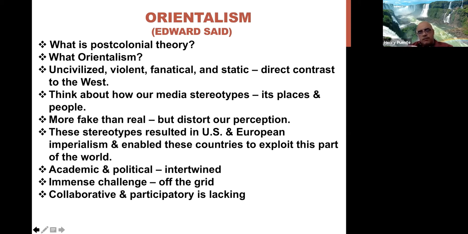Also, he talks about the importance of being collaborative, or participatory. One of the things that happened was that the people who actually lived in this part of the world didn't collaborate or participate in telling these narratives. And so this is lacking, and this has to change, right? There has to be more people from this part of the world telling stories about this part of the world.